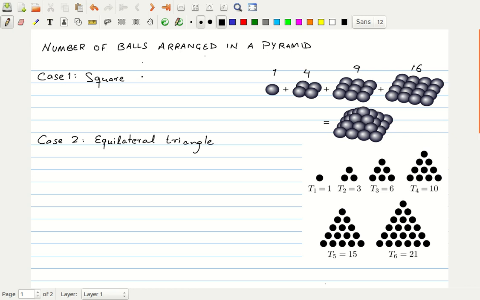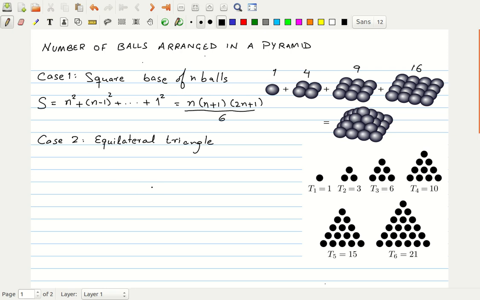So if the square has a base of n balls, then the total number of balls S is simply n square, which is the bottommost layer, plus n minus 1 square, which is the second layer, and so on up to the top layer, which will have only 1 ball, which is 1 square, and this is given by n times n plus 1 times 2n plus 1 divided by 6, right?